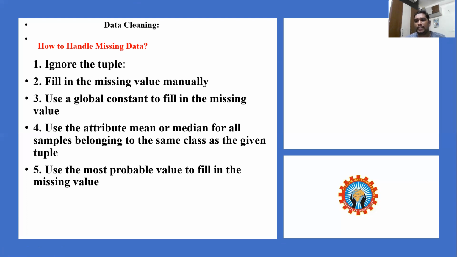That consists of, first, ignoring the tuple; or writing values based upon previous values; using a global constant value like infinity, hyphen, or underscore; calculating either the mean or median values; and using the most probable value to fill in the missing value. Probable value means you use some random generator to fill that value. These are the 5 ways to handle missing data.